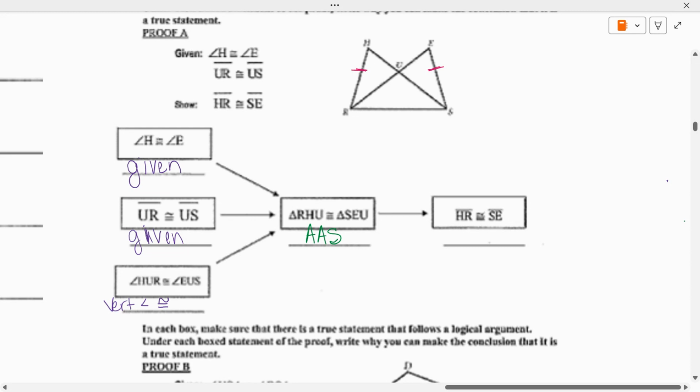And why is that? Corresponding parts of congruent triangles are congruent. CPCTC. I taught geometry forever. Okay. Are we ready to move on? Yes or no? Okay, next one.